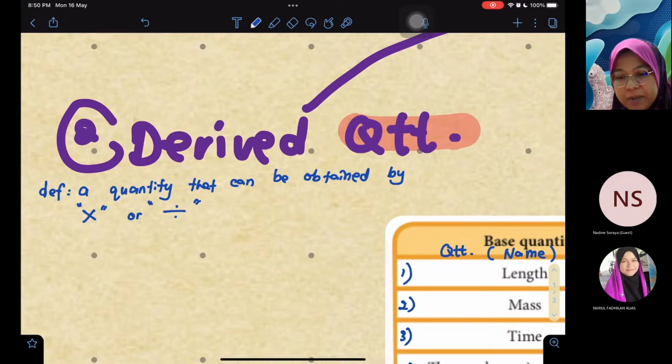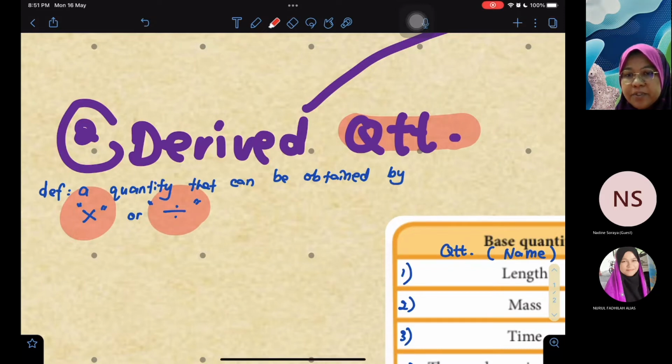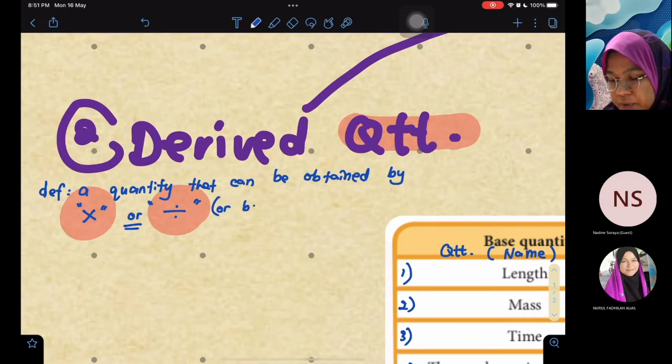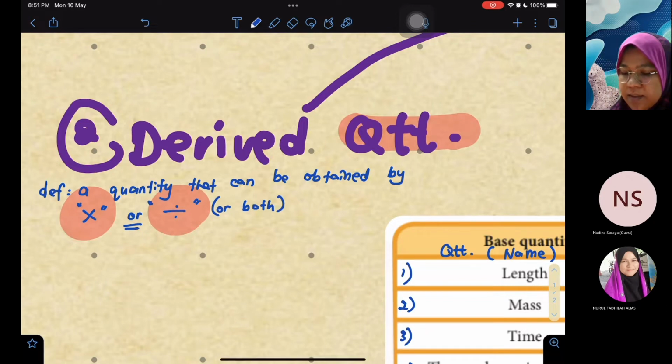Tapi kalau dalam exam awak jangan, ni saya tulis short form ni for the notes lah. Tapi kalau dalam exam SPM, of course you have to write in full lah, full sentence ataupun full word. A quantity that can be obtained by multiplying or division or both. Kena sebut dua-dua. Sebenarnya or both ni pun kena ada lah. Tapi kita darabkan apa dengan apa?